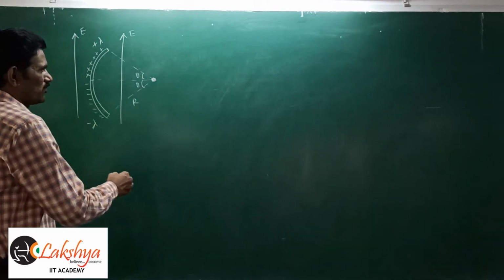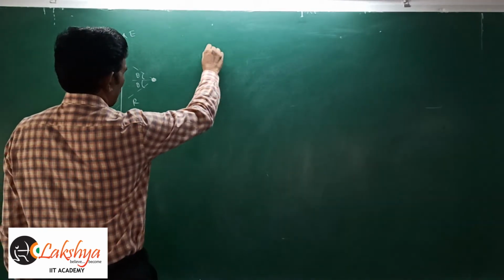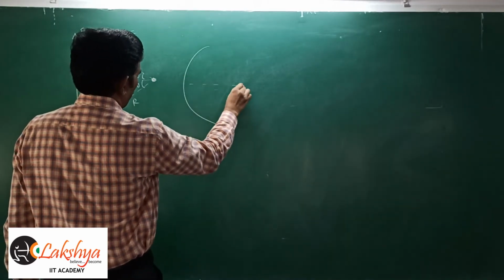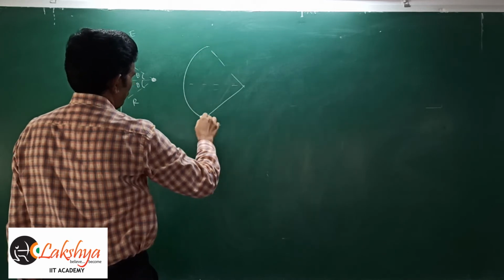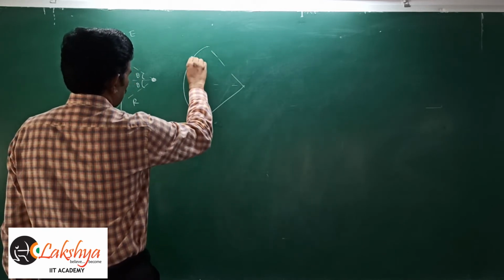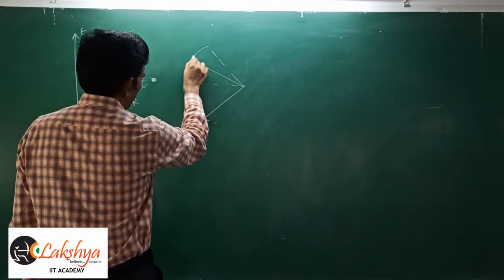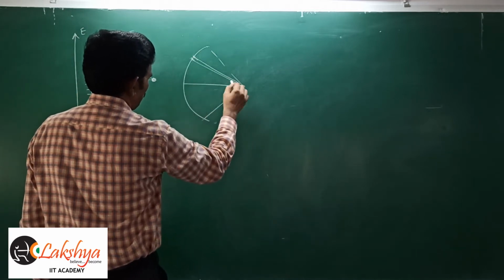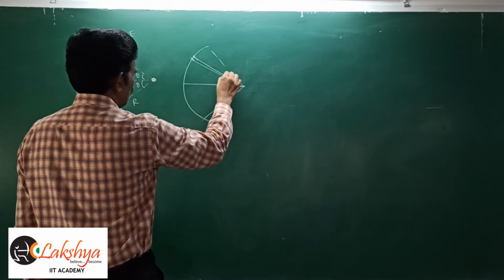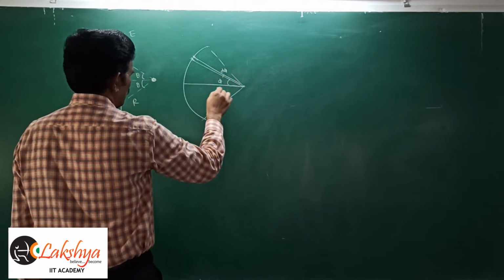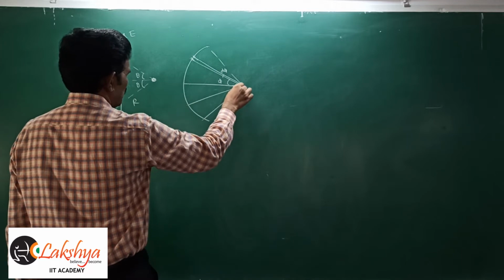So I am taking the calculation like this. Here I am taking a small element. This angle is, for example, phi, so that this is d phi. And I am taking an identical element here.